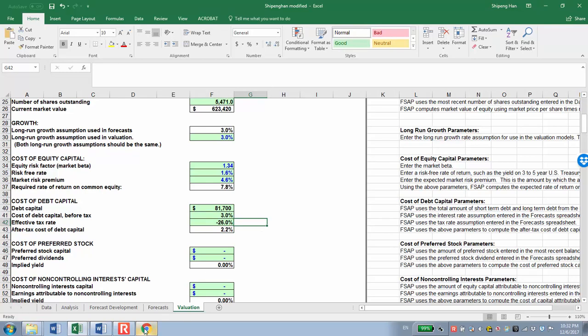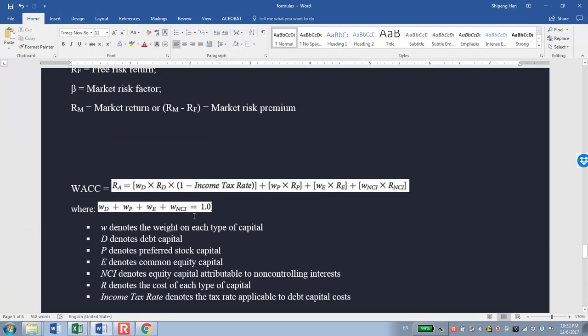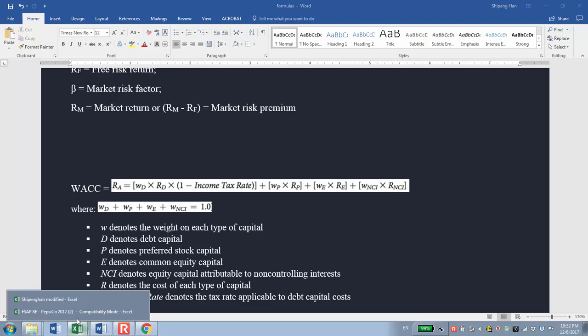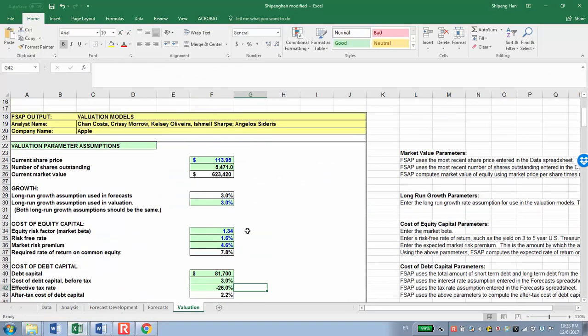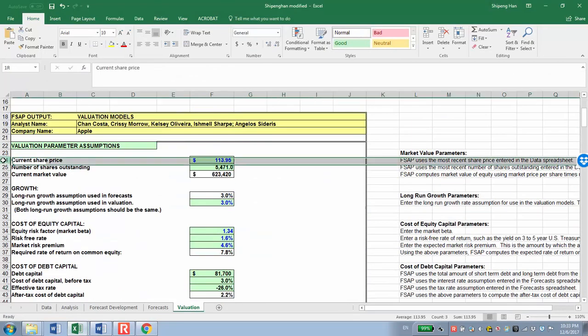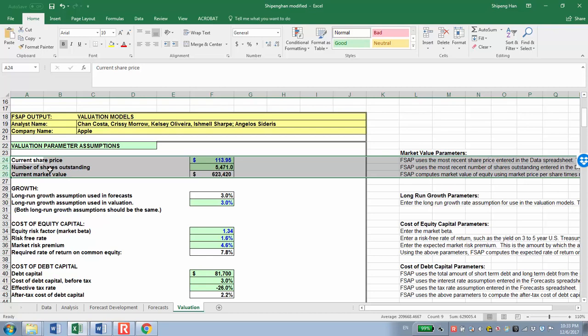The next one is the weight of common equity and return on common equity. Return on common equity we've already calculated using the capital asset pricing model. What about the weight? The weight of the common equity is determined by this part.